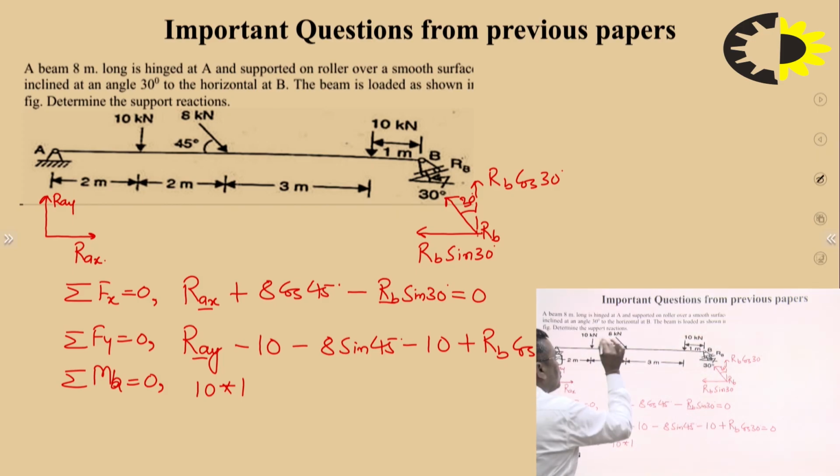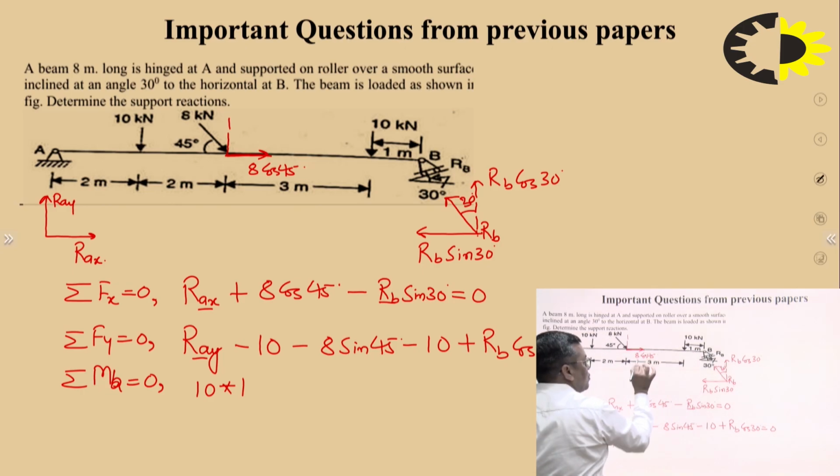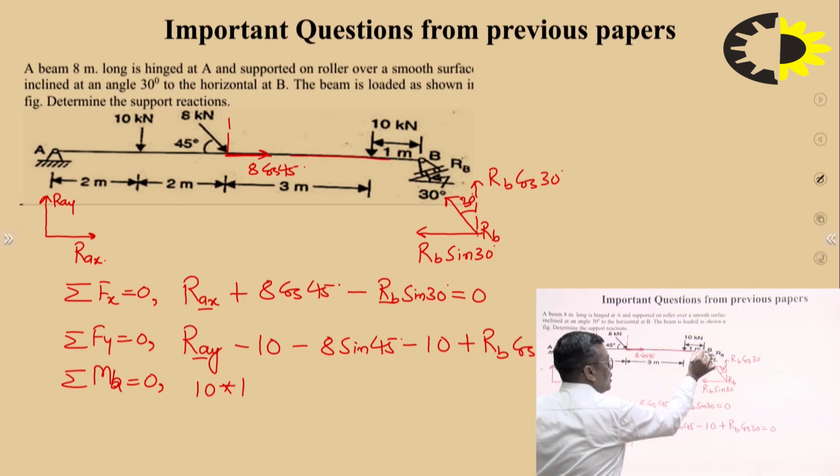Now I am coming to this. It is having two components. One is this, another one is this. This component which is 8 cos 45, if I extend this line, it is passing through point B. So there will be no rotational tendency because of 8 cos 45, because the perpendicular distance of this is 0.